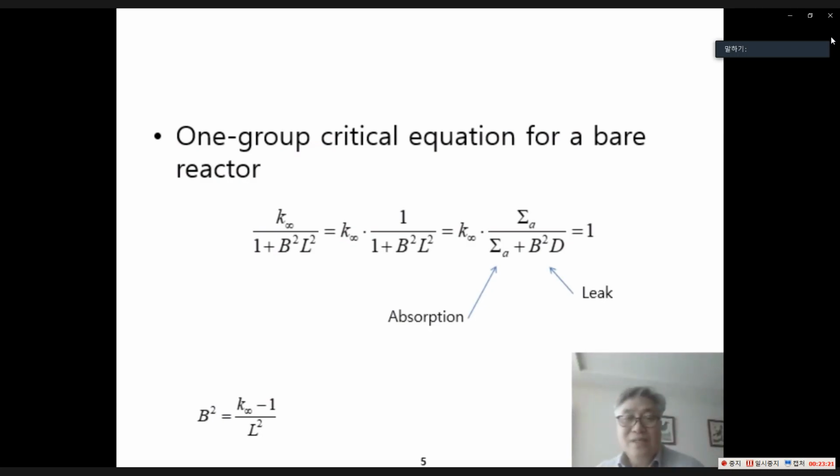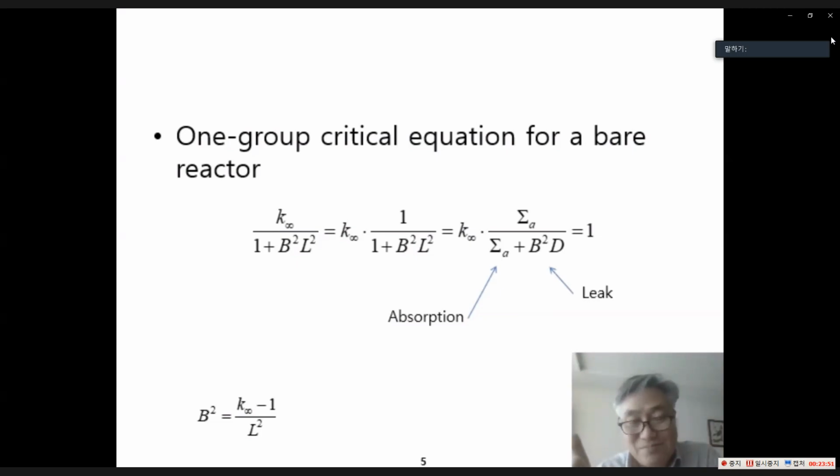So 1 divided by 1 plus B square L square is non-leakage probability. That is one thing, non-leakage probability. K infinite, multiplication factor for infinite reactor. And K infinite multiplied by non-leakage probability is K for finite reactor, multiplication factor for finite reactor.